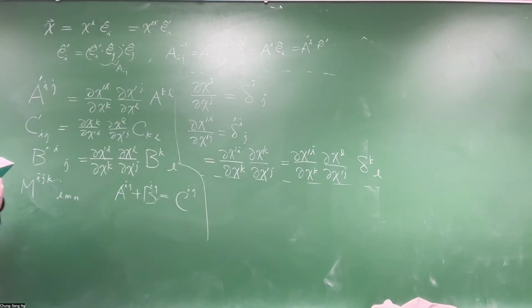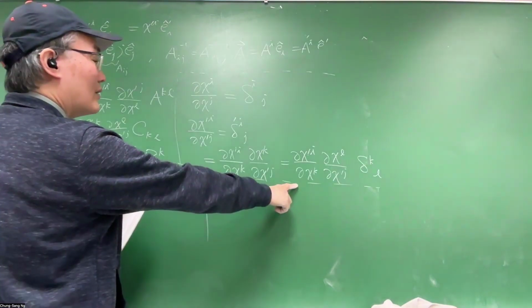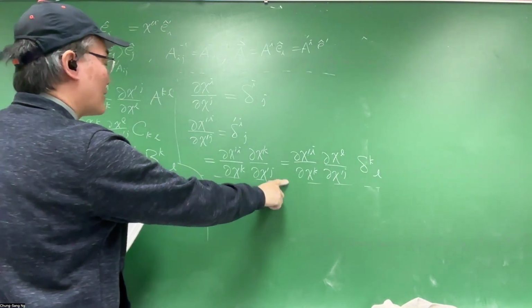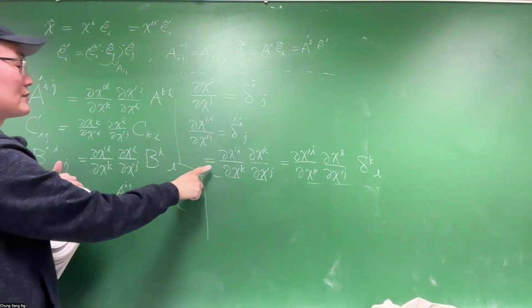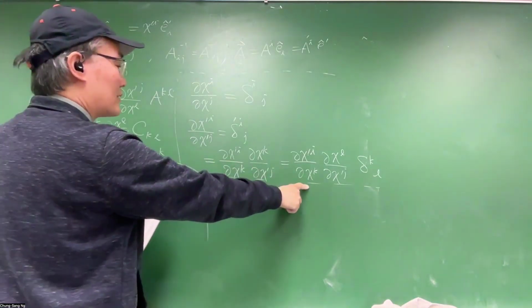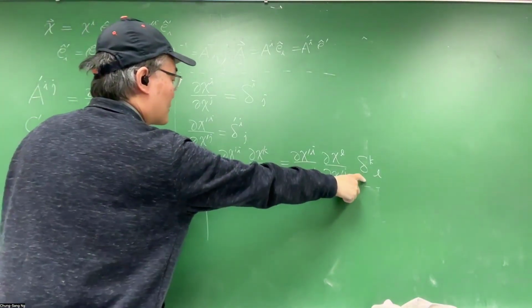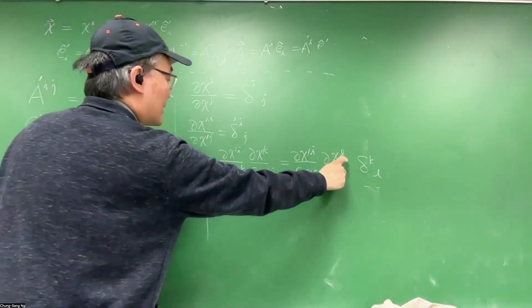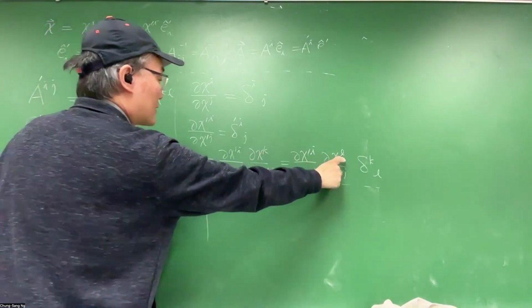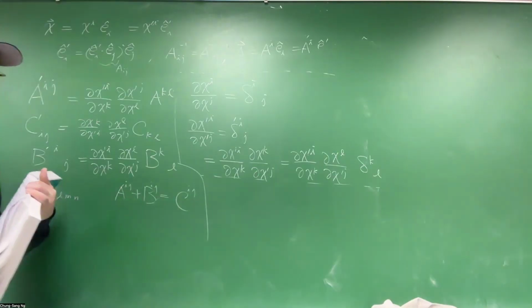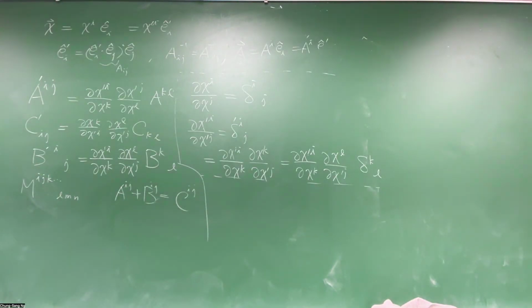The left hand side is the delta prime. The left hand side is this one. This equals this, equals this. From that to this, I just introduced this Kronecker delta to change K to L.